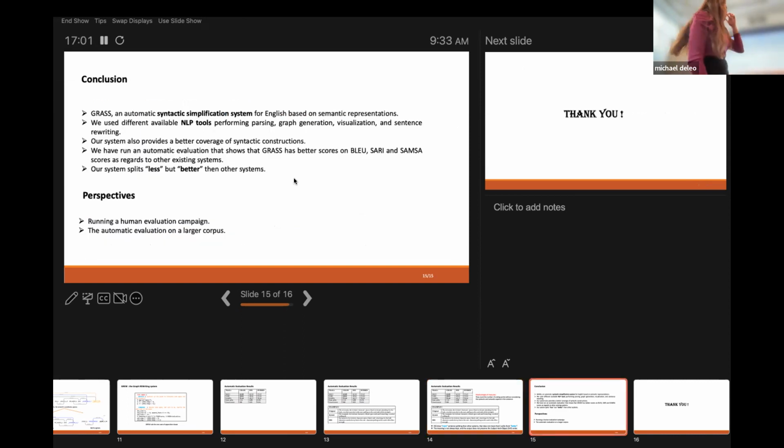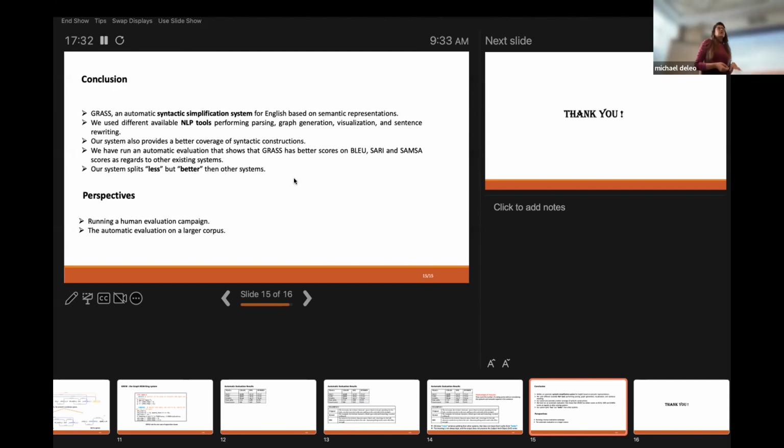So we developed a syntactic simplification system for English based on semantic representation and mainly on semantic dependencies. We used NLP tools for parsing, graph transformation, generation, etc., and visualization. And we saw that our system resolves more syntactic operations.